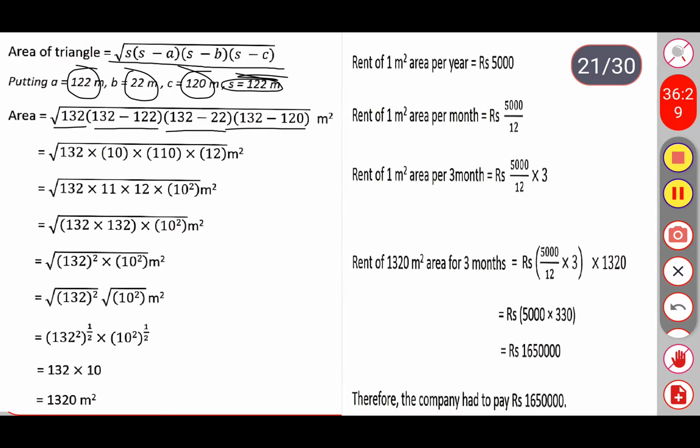Write 132 as it is. 132 minus 122 is 10. Again 132 minus 22 is 110, and 132 minus 120 is 12. Write 132 as it is.